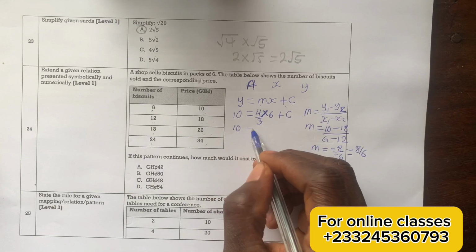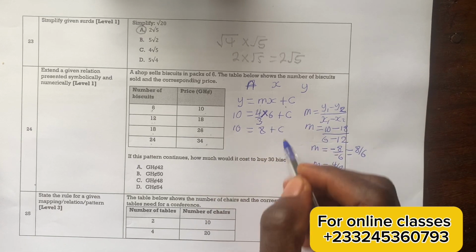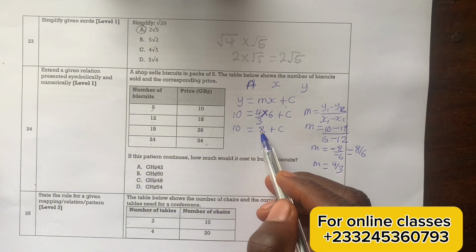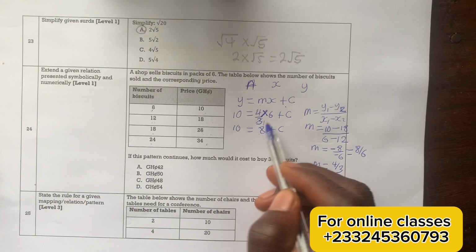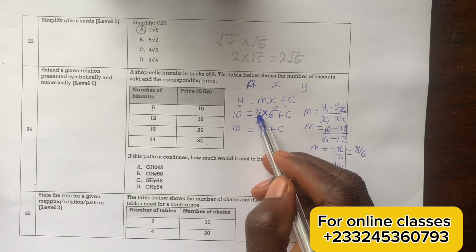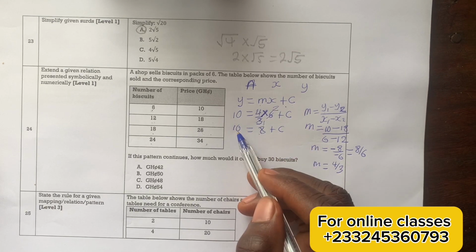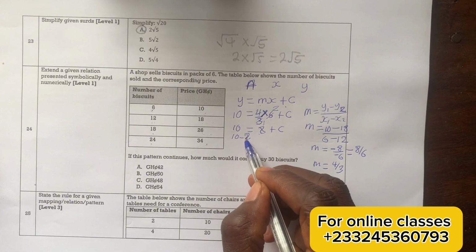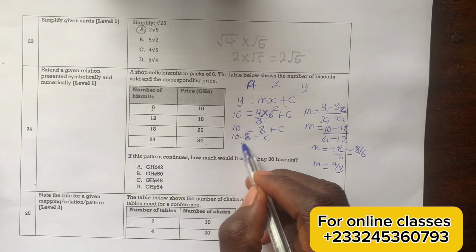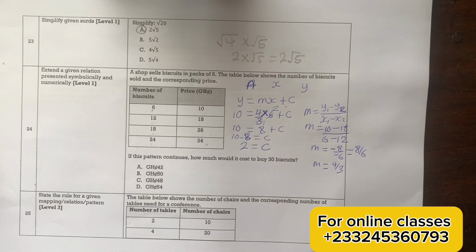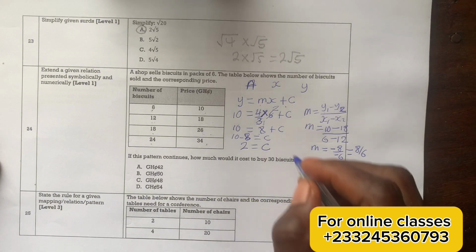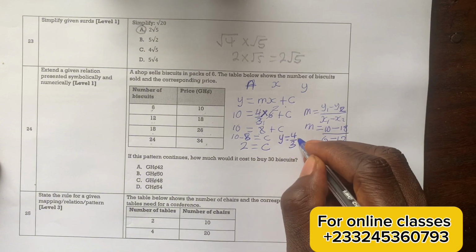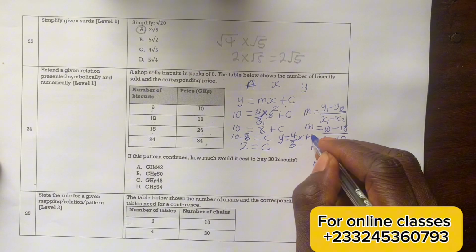This gives 10 equals 8 plus c, because 3 will divide 6 two times, and 2 times 4 is 8. So we subtract 8 from 10, and this gives 2 equals c.